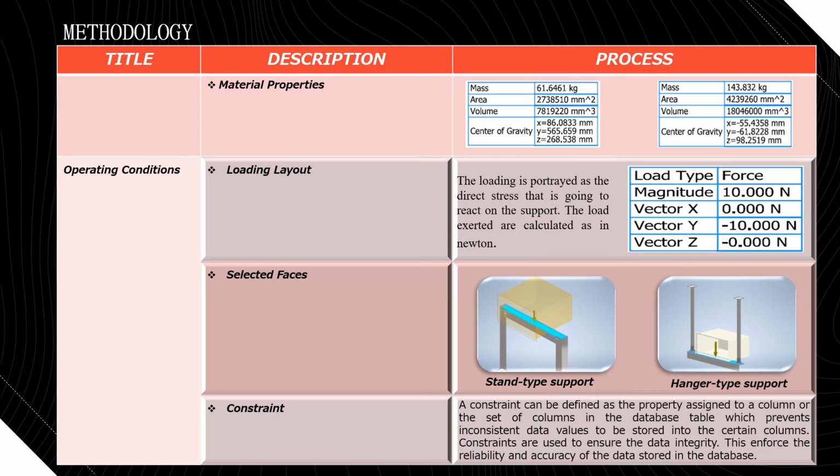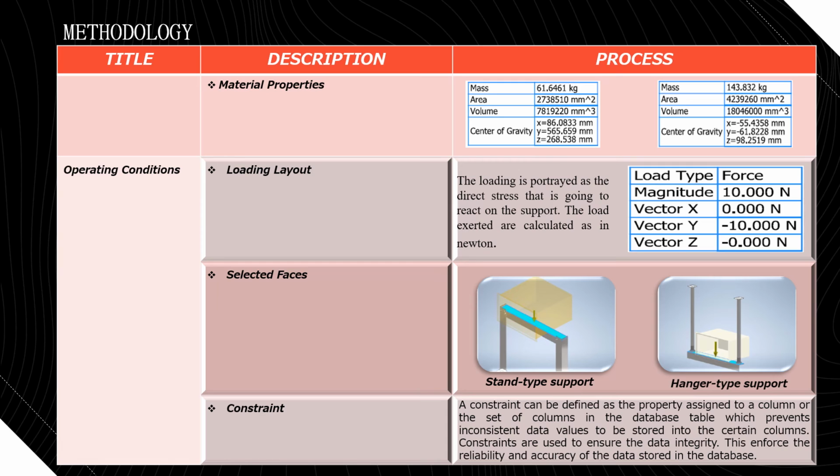Here we can see that the magnitude of the load is 10 Newton. The vector x, y, and z is where the load is acting, the direction of the load. Here we can see vector y is negative 10 Newton. So that is the direction of the load acting on the solid body.